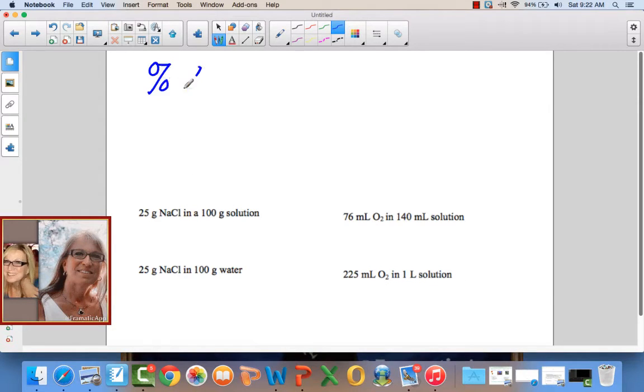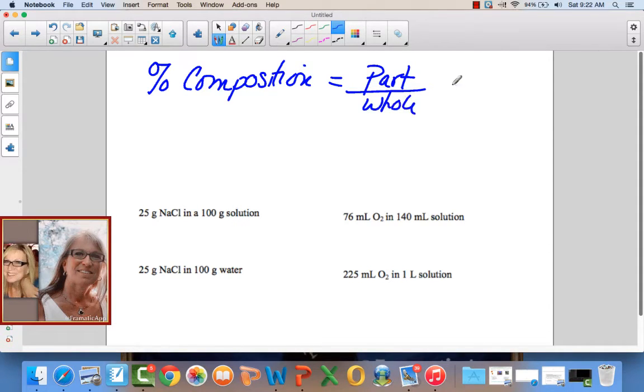Next we have percent composition, which you know is part over whole times 100. Now normally we do something like, let me do a harder one, BaCl2 dot 2H2O. Remember that this dot means with, it does not mean multiply.